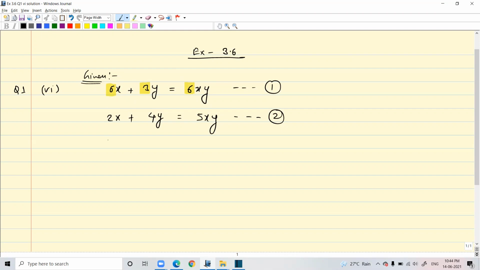So let's do that. Since we had to do division by xy, and now we need to divide the same equation by 3 also. So why not combine them together and divide by 3xy at a time instead of doing it in 2 steps? So that's what I'm going to do.